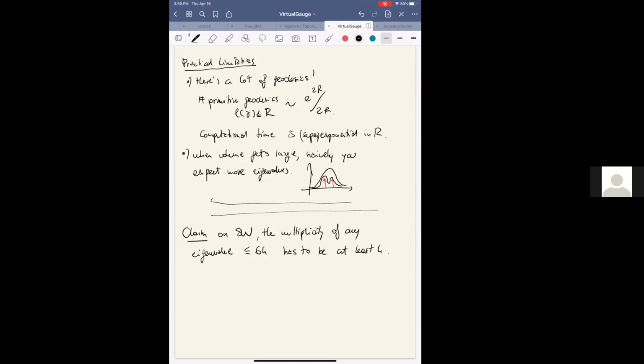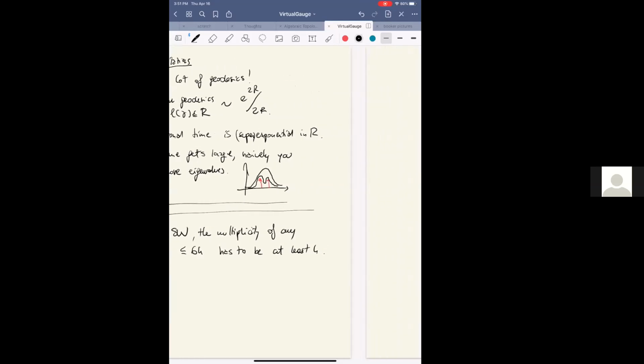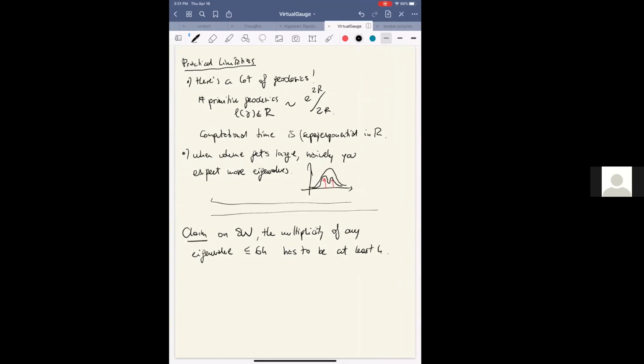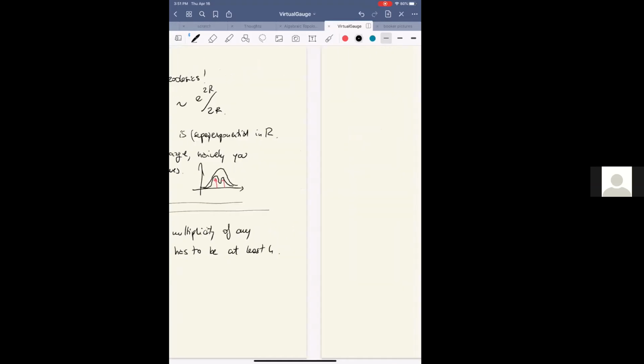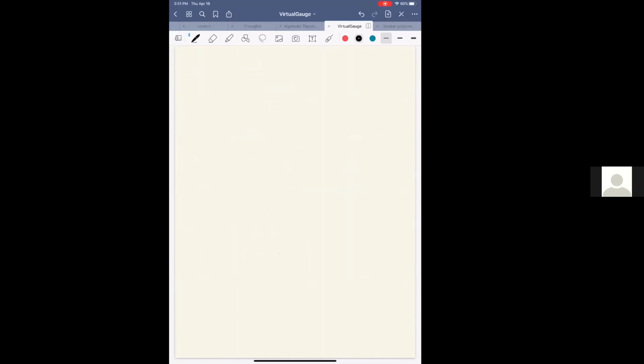I don't think we can say that all the eigenvalues have multiplicity 4, because from the proof, the eigenvalues of the quotient might have just a trivial representation upstairs. That will be the problem. But let me go through the proof and then we can see from there. It could be possible though. There's no reason why it shouldn't be, but of course our proof doesn't show that, I think.